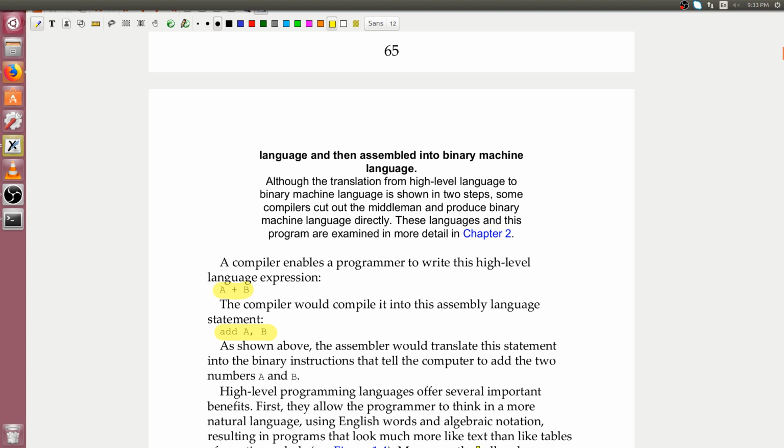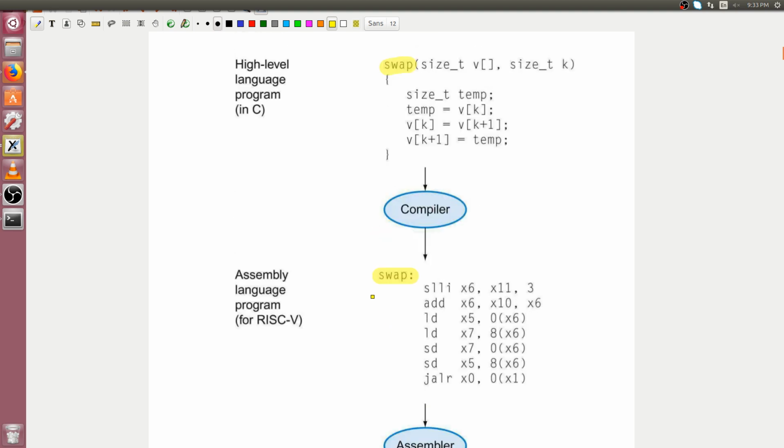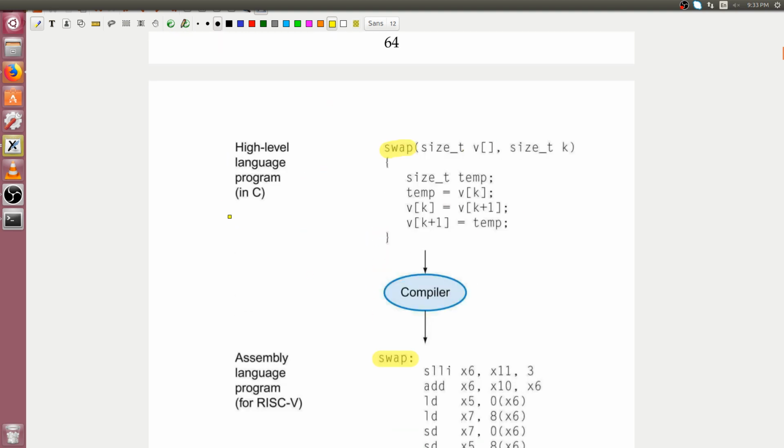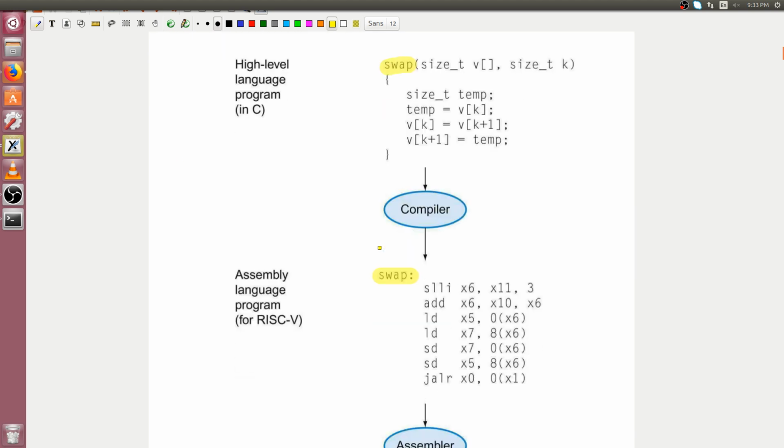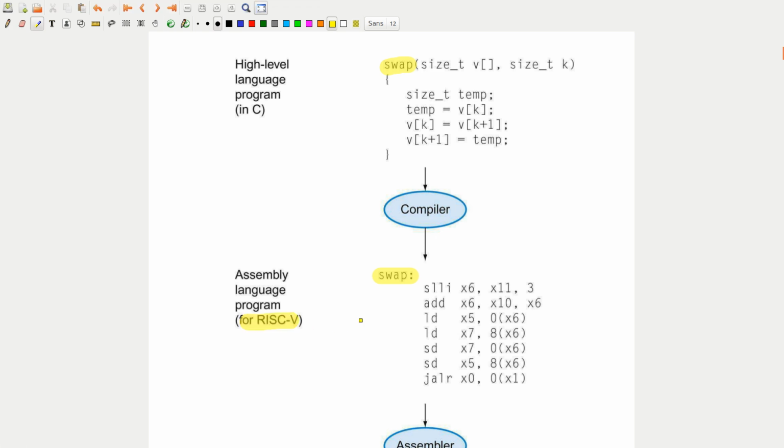Basically, what they're saying here is that when you compile a language like C, how the output looks depends on what system you compile it on. So this code will only work if what you're running on uses RISC-V. If you're on an x86 architecture processor, this code will not work.